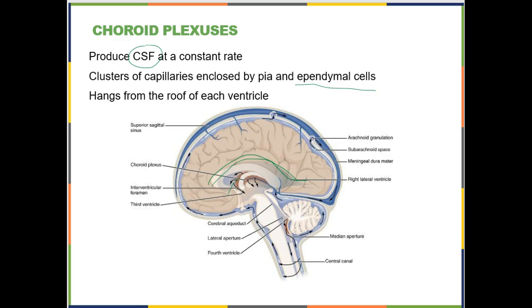Third ventricle is hard to tell because if you cut right through the middle of it, you're going to disrupt the choroid plexus. But you can pull those blood vessels right out of the lateral ventricle when you do your dissection. And no, I do recall now you can find them in the third ventricle. They're there. So you can see the choroid plexus with the naked eye. That is where your cerebrospinal fluid comes from.